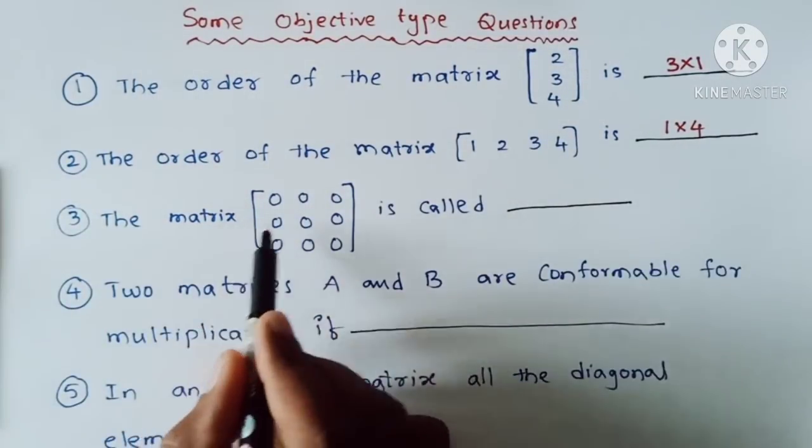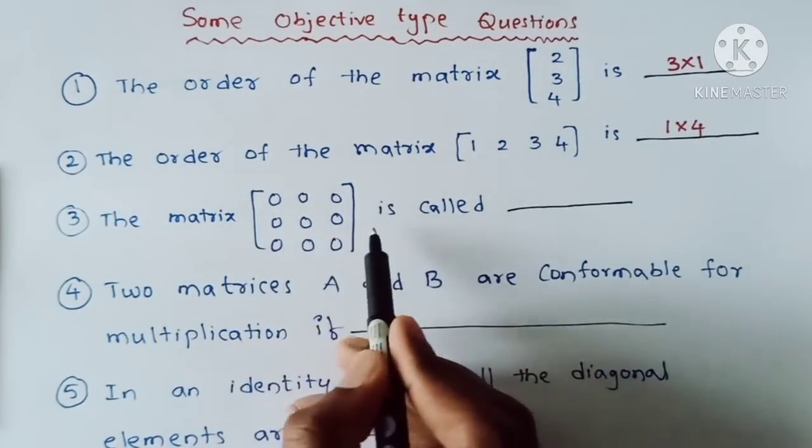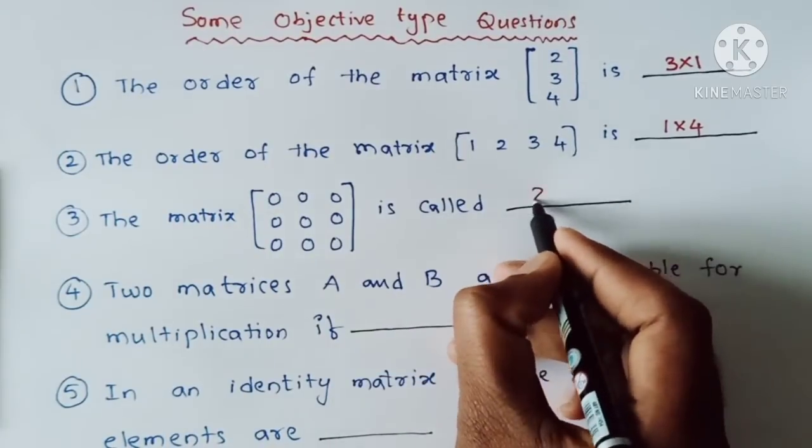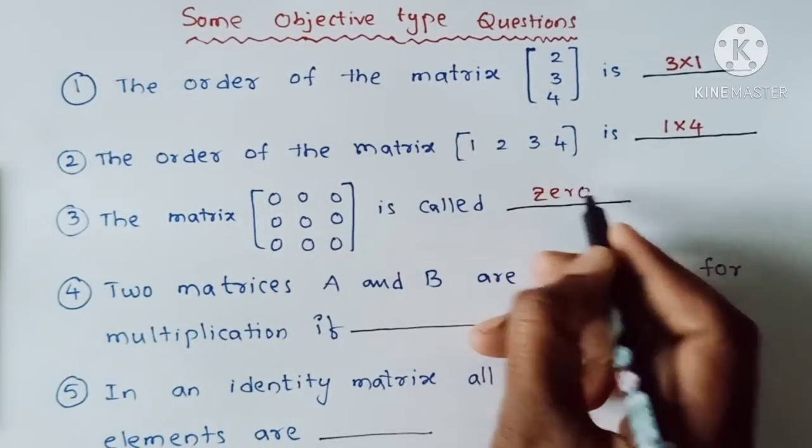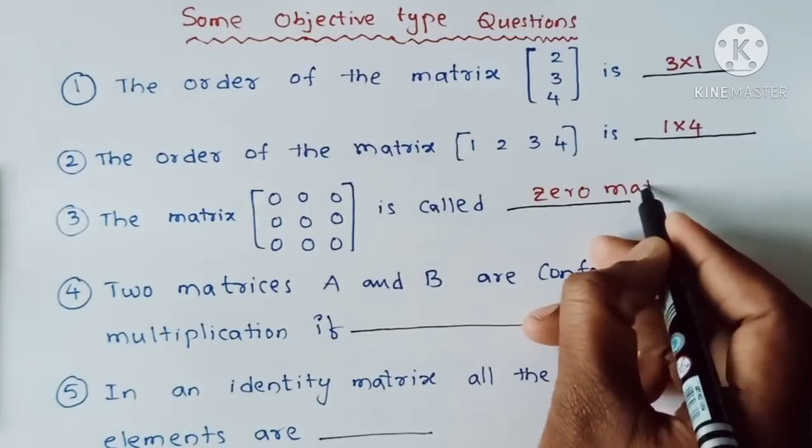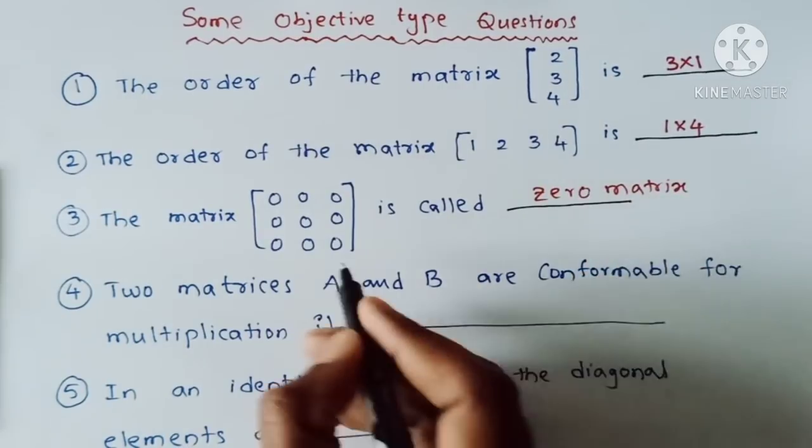The matrix with all entries 0 is called a zero matrix. This is a zero matrix of order 3 by 3.